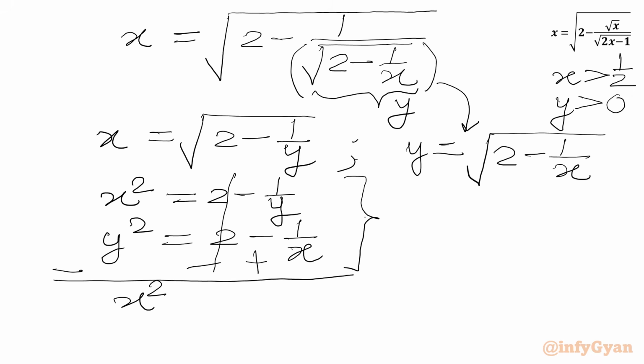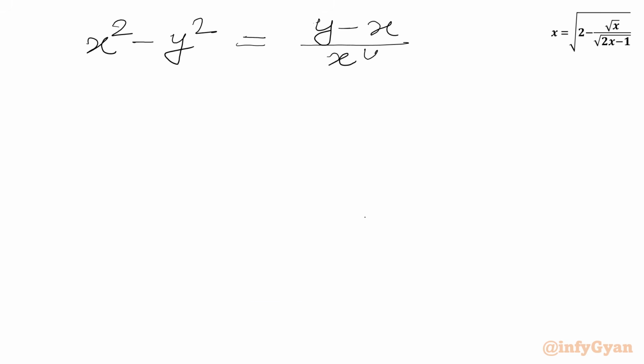We will write x square minus y square equal to 1 over x minus 1 over y. Now we will take LCM and write x square minus y square equal to y minus x over xy. Or we can write minus of x minus y over xy.